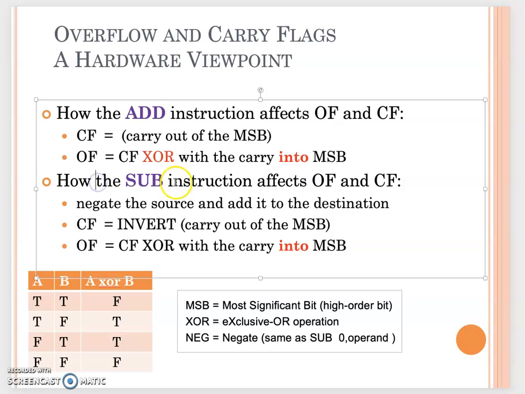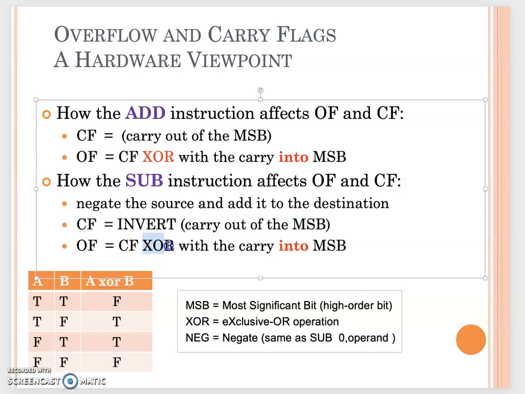Then when you do a sub instruction, how does it affect the overflow flag and the carry flag? For the carry flag, you just see whether you carry out from the most significant bit or not. In other words, if you don't have enough to subtract, do you need to borrow? So that's the carry flag. The overflow flag is actually the same.